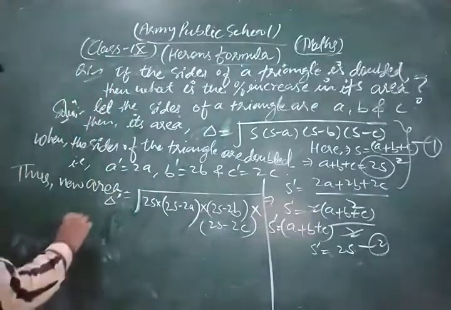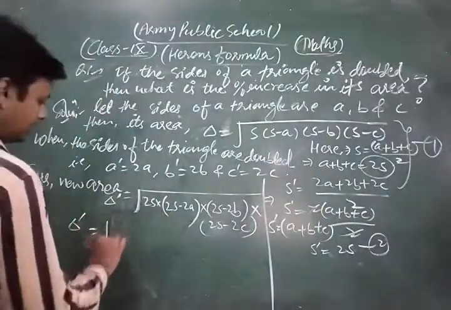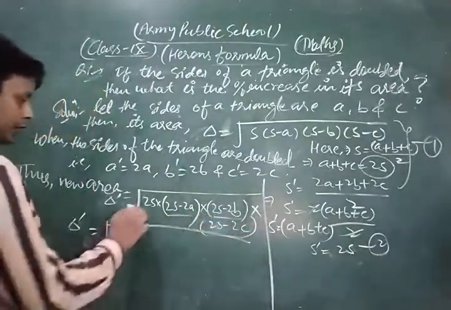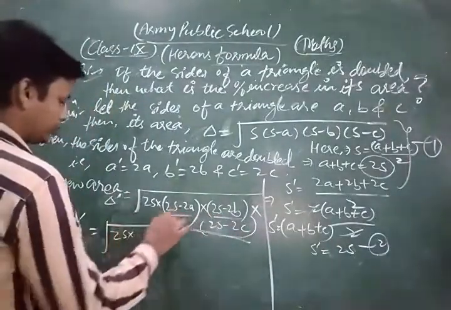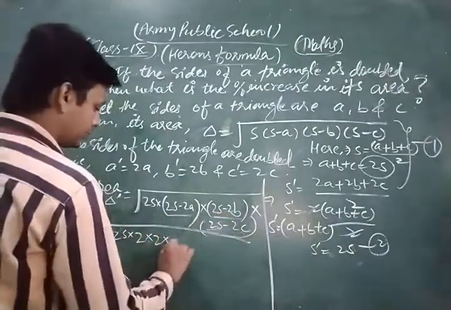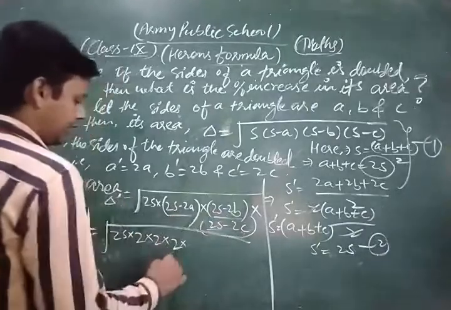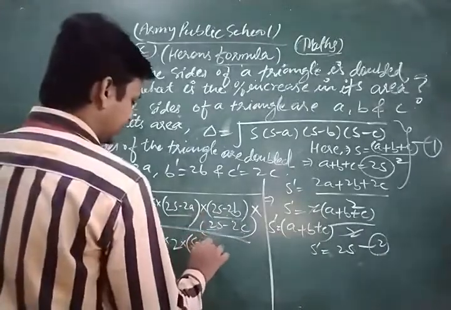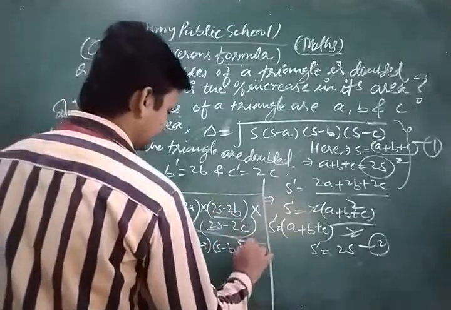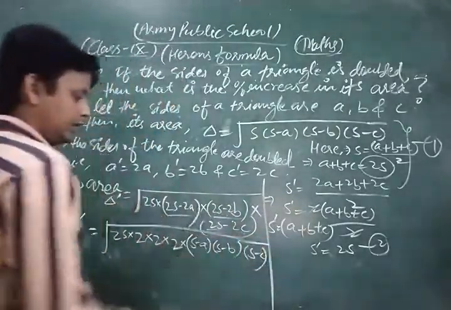Now look, we simplify them. In each term we take 2 common, and 2s stays as it is. In the bracket we have s minus a, s minus b, and s minus c.